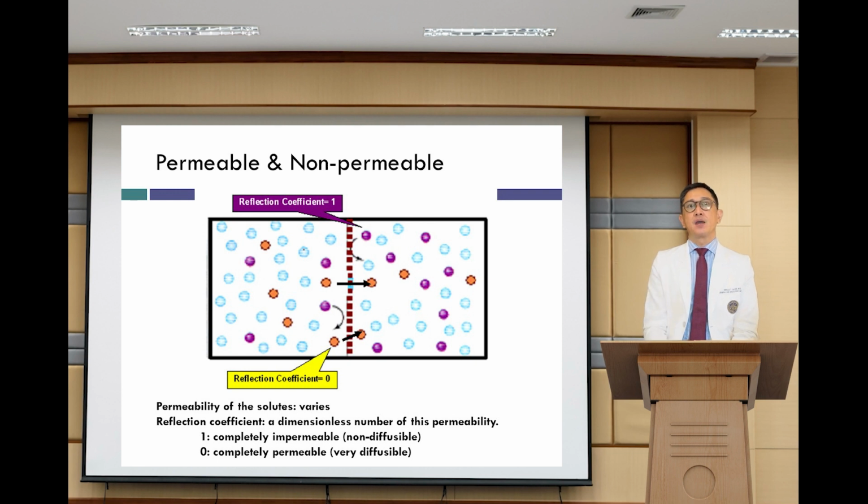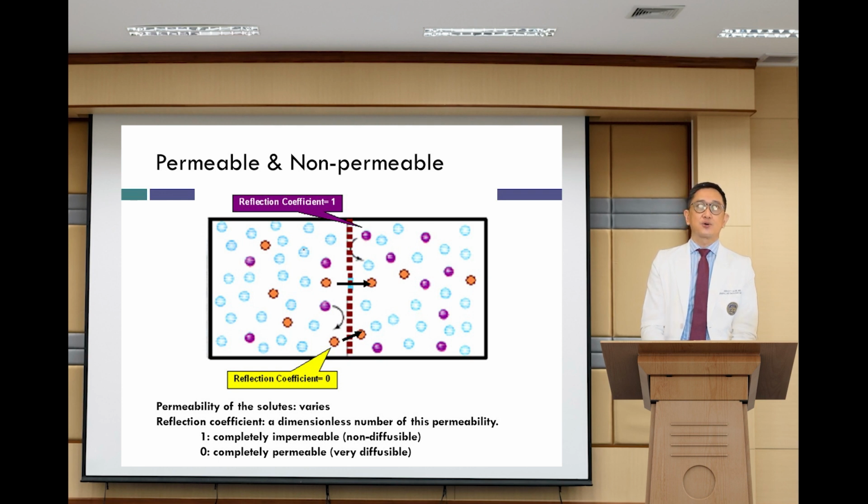What does it mean? When you say impermeable, it is non-penetrating or non-permeable, meaning the solute cannot cross the membrane. It does not penetrate the membrane. And if it's 0, the solute can penetrate the membrane. So when you say permeable, it's penetrating or it's very diffusible.